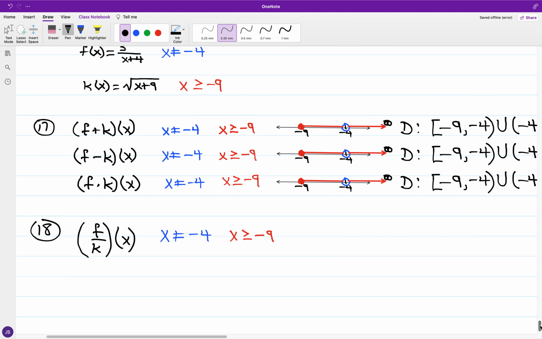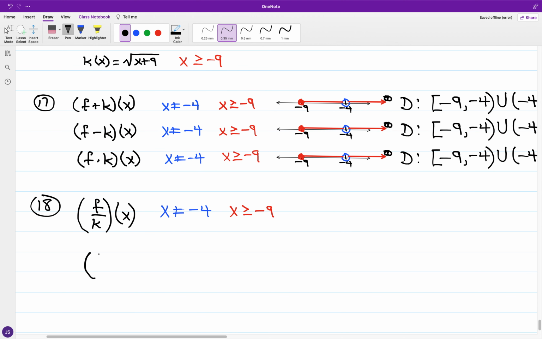Now for f over k of x, we have f of x over k of x. Again, f of x is 3 over x plus 4, divided by k of x, again, which is the square root of x plus 9.